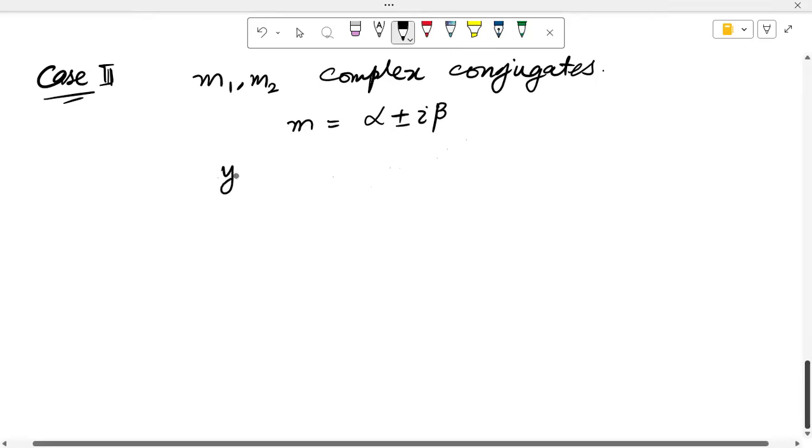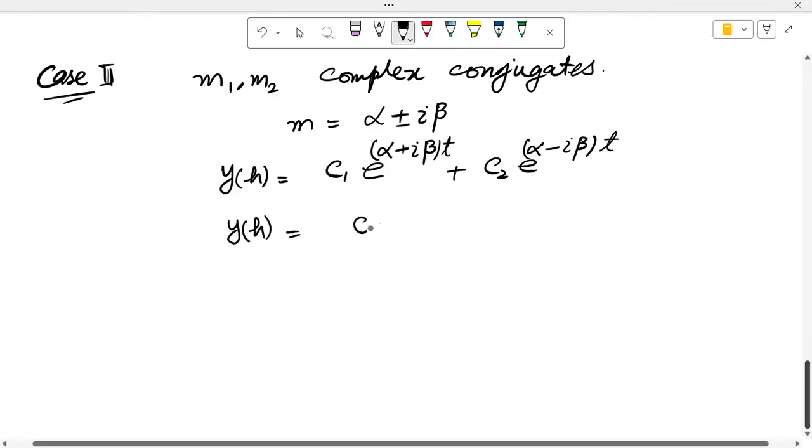So our homogeneous solution will be c1 e raised to the power alpha plus iota beta, and c2 e raised to the power alpha minus iota beta times t.